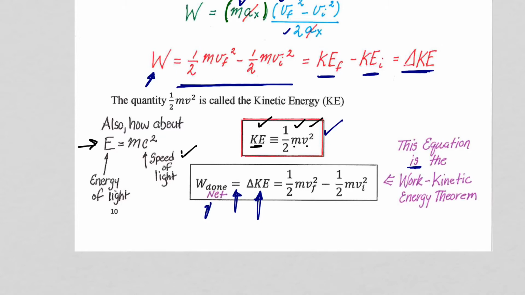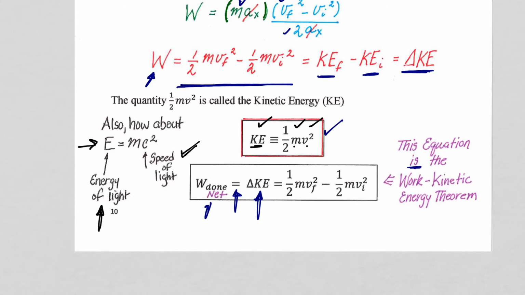Now, Einstein did not determine the speed of light. The speed of light was known prior to Einstein formulating this equation. The E in his equation is the energy of light. Now it's getting to be important because we have an equation that allows us to calculate the energy of light.